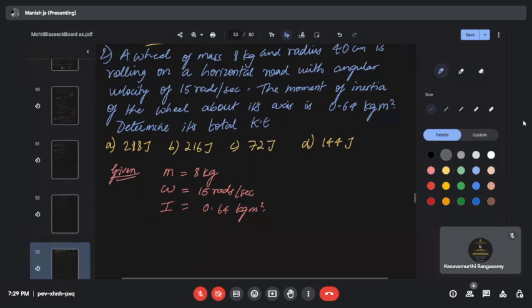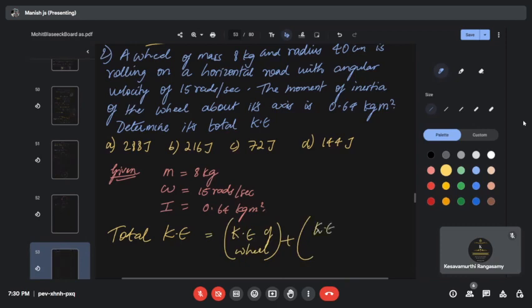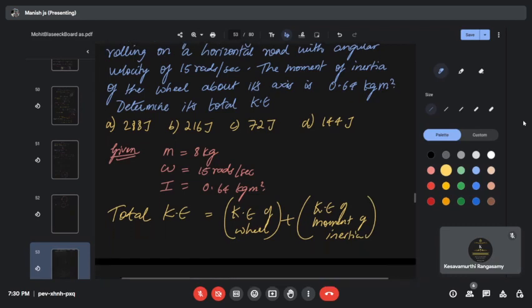Now, since it also has a certain moment of inertia, you need to consider the kinetic energy of rotation of the wheel as well. So the total kinetic energy is the kinetic energy of the wheel plus the kinetic energy of moment of inertia of the wheel. Both need to be considered. We might think it's only half mv square, but it's not.